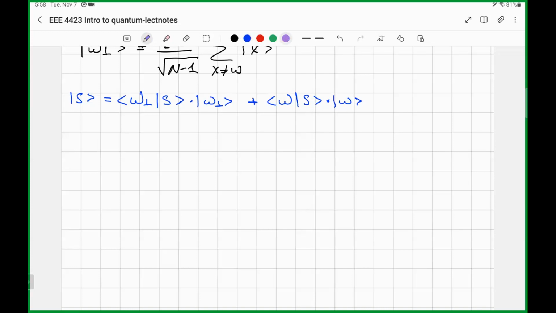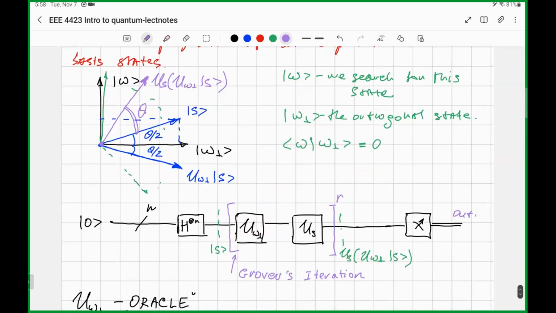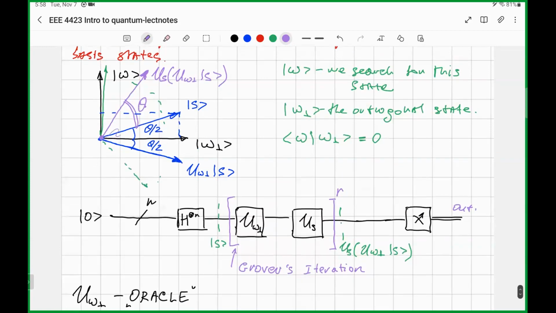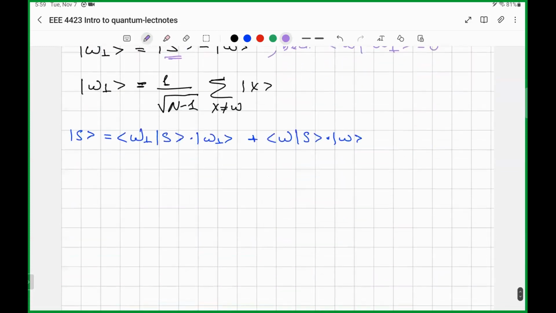At the same time, the projection of vector S on the omega orthogonal, this line here, right? This is the cosine theta over 2. So this part is equal to cosine theta over 2.